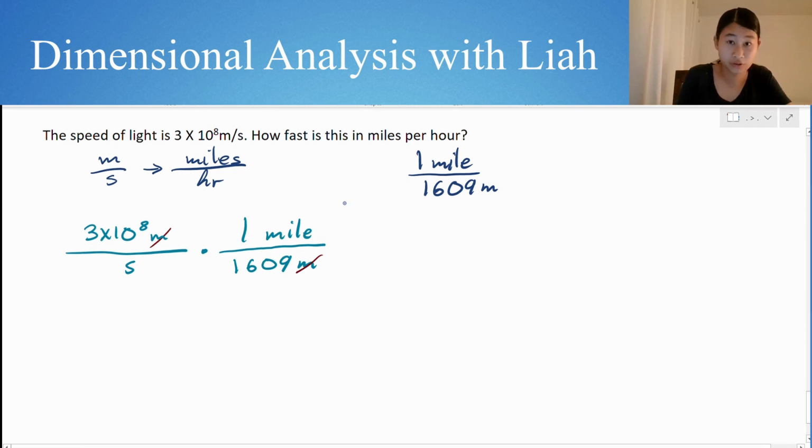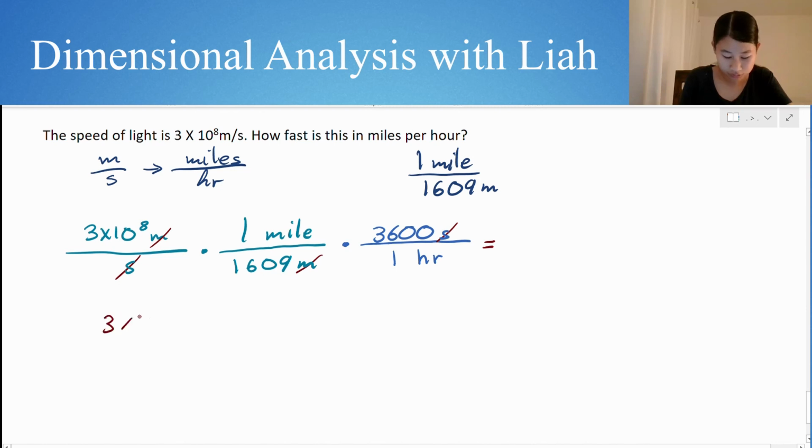We get to cancel those out, leaving us with miles. So now we can convert our time. And we know that there are 3,600 seconds per 1 hour. So we have seconds on the top and seconds on the bottom. We get to cancel the seconds out, leaving us with miles per hour, just like we want. So that means we get to multiply straight across again.